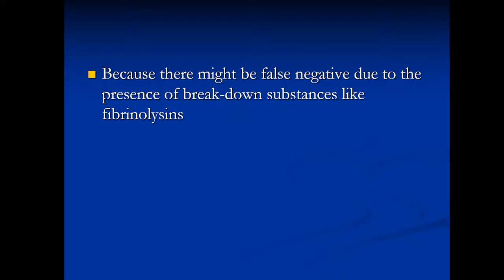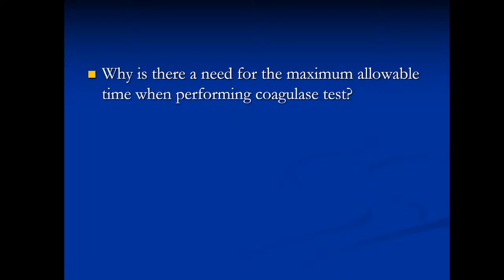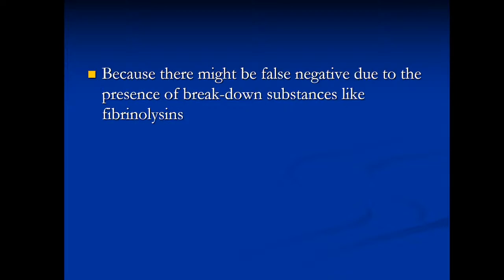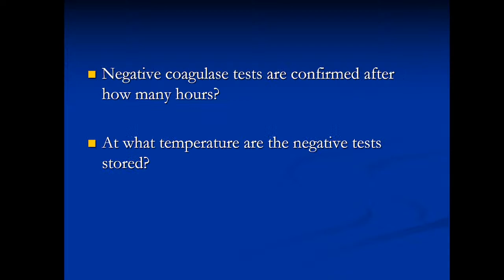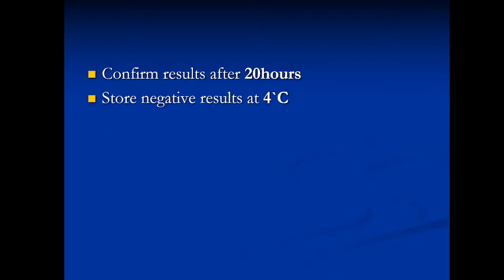When you get the positive result, good, fine. But when you get a negative result, you have to confirm your negative result by storing it at 4 degrees Celsius for 24 hours. Where is the 4 degrees Celsius? Refrigerator, of course. So please don't forget this. This is important. Confirmation. I think it's under quality control, quality assurance of tests.